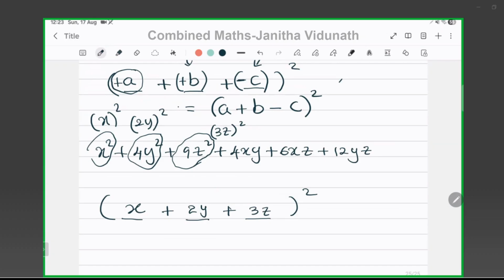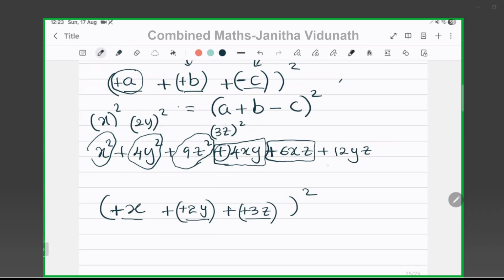Now, when we look back at the multiplication of the x term and y term, its sign is also positive. Then, if x is positive, then y should be positive. Then, if we observe this term, we know that x is positive. Then, for the product of x and z to be plus, this term also should be positive.